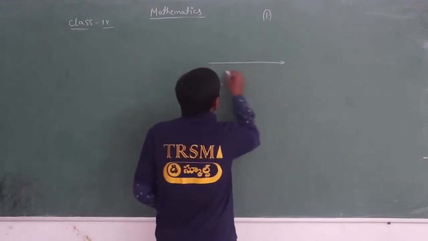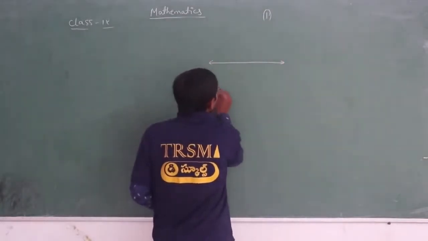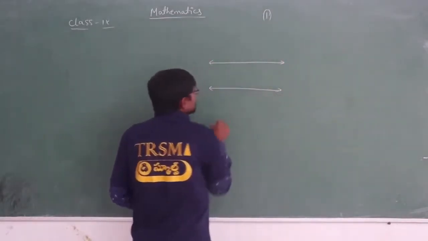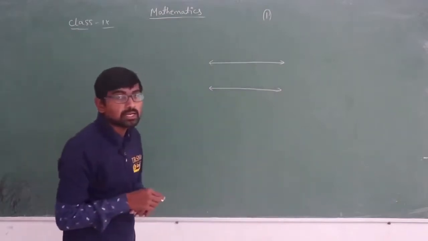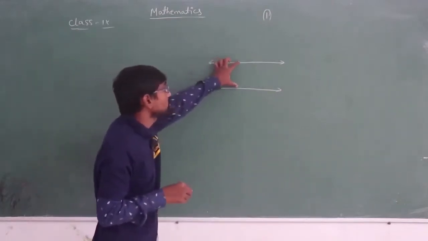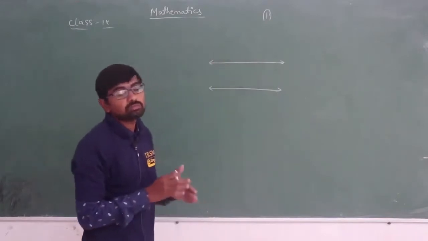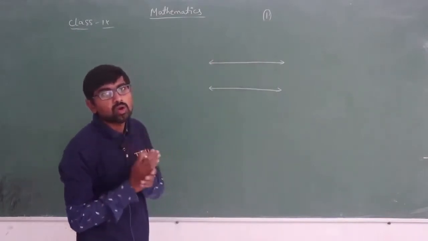If we have 2 parallel lines, non-intersecting lines, the distance between each and every point of these lines is equal. They don't meet at any common point.